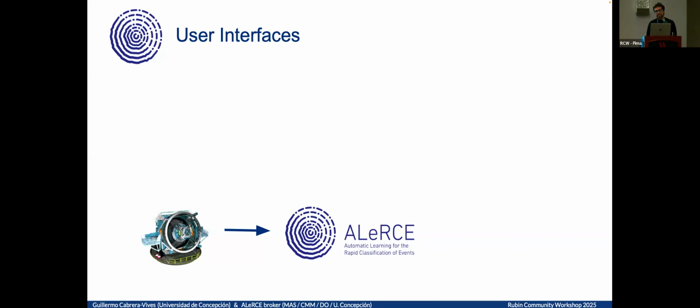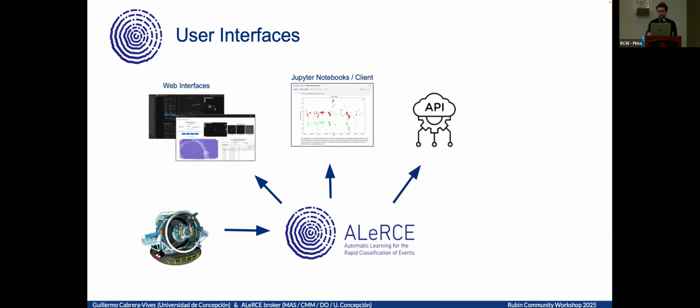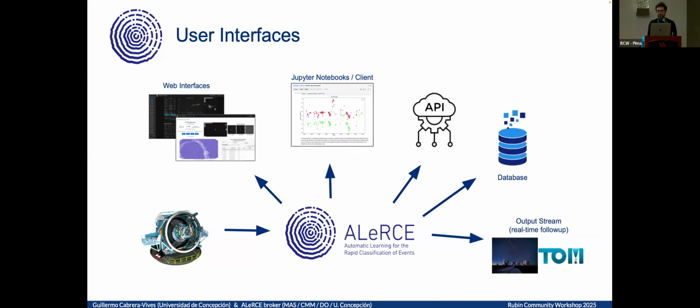In the case of Alerce, we provide different user interfaces. One of them is web interfaces. We also provide Jupyter Notebooks. We have a Python client and Jupyter Notebooks with examples on how to use it. We provide APIs and direct access to our database, but you can also get access to the output stream, the real output stream, to follow up on Tom's.